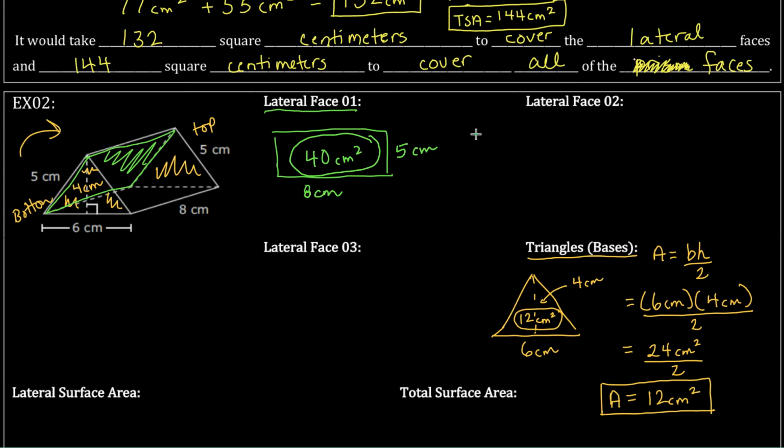And then our lateral face 2, let's see, I'm going to use blue. I'm going to do this bottom piece right here, or this bottom rectangle. I can do a tiny bit better.